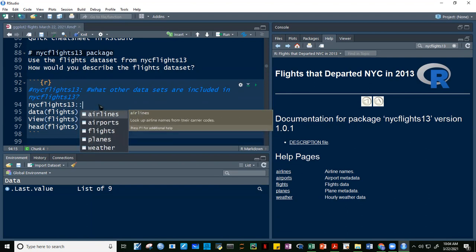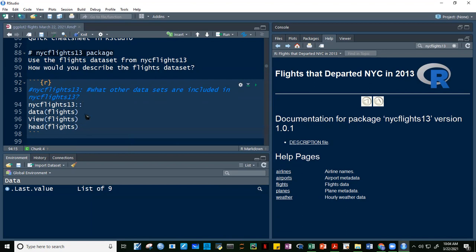So we're going to use the flights here. We can access that by this data flights. This is a built-in data set that comes with the package nycflights13. So let's run this. It won't show up yet.